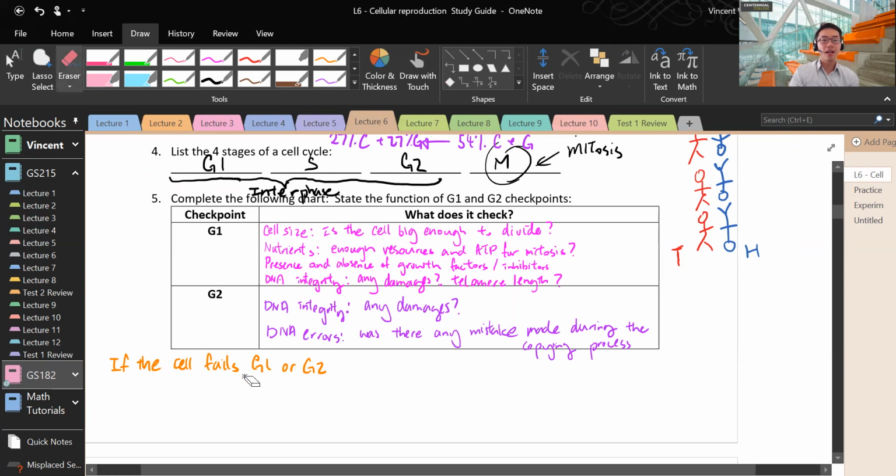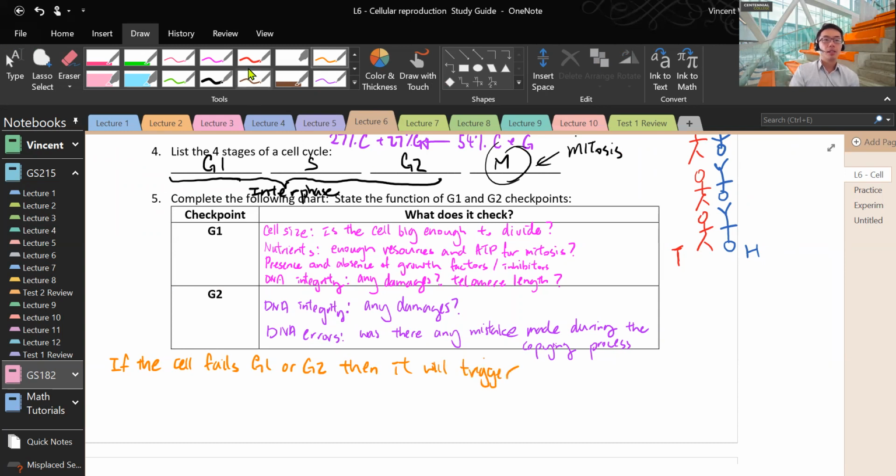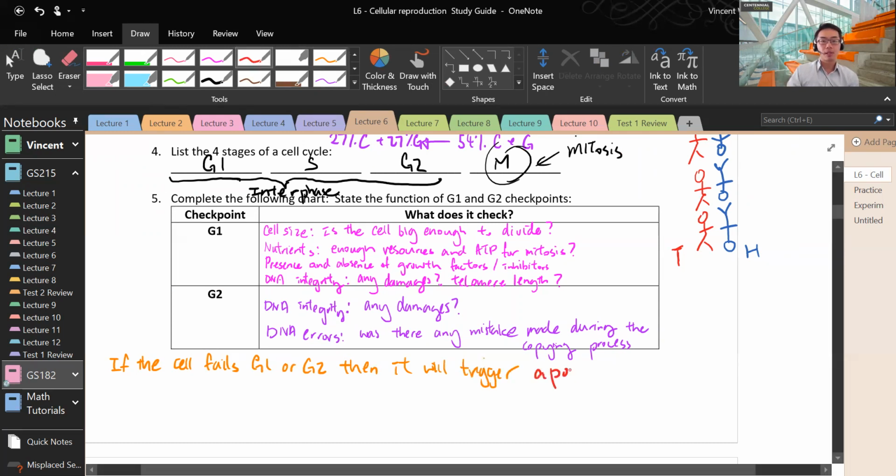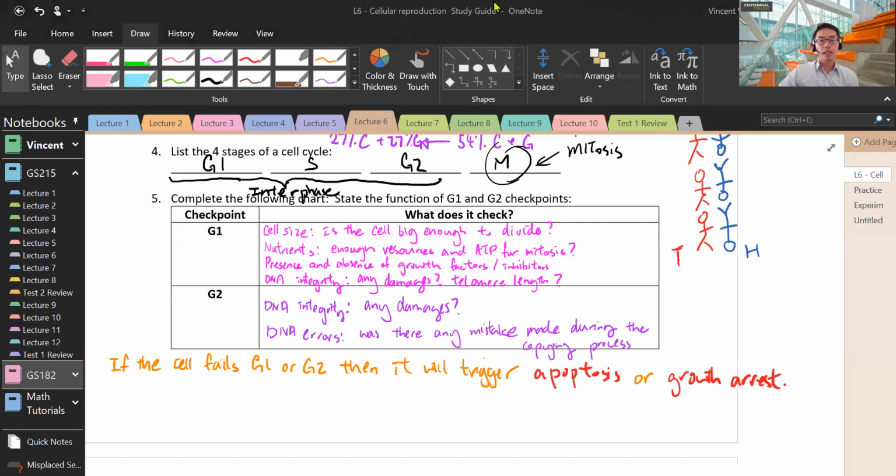If the cell fails G1 or G2, then it will trigger apoptosis, which is programmed cell death, or growth arrest. So it either goes and kills itself or it enters growth arrest, which means it is not allowed to divide anymore. Okay. Any question?